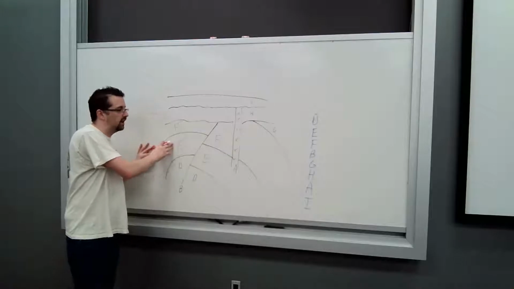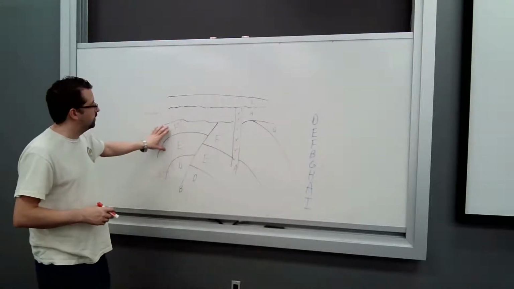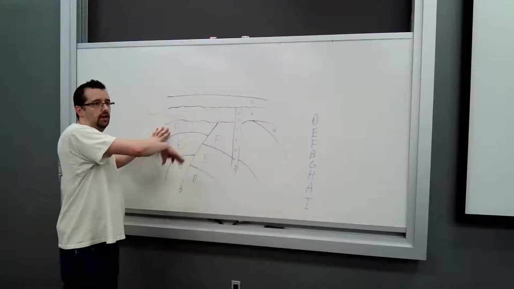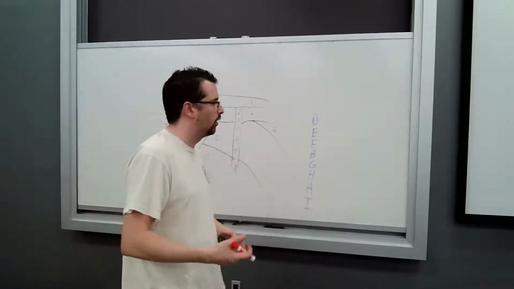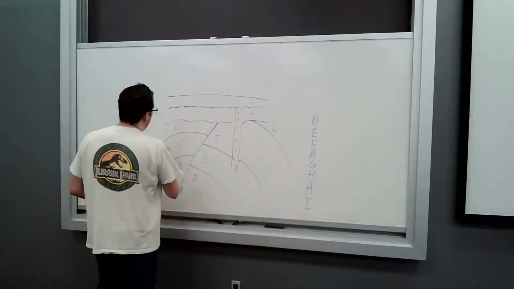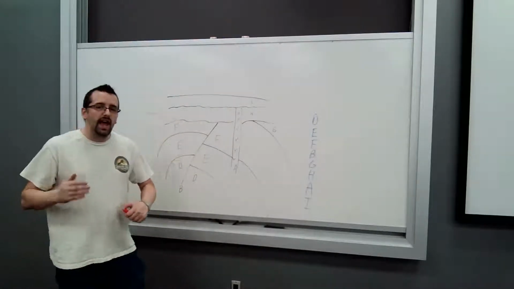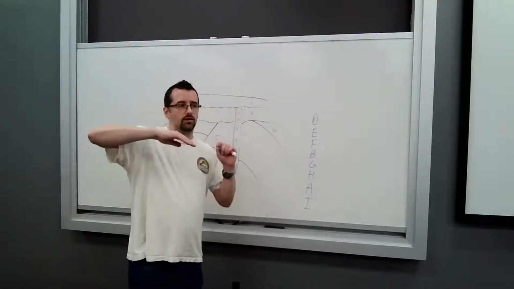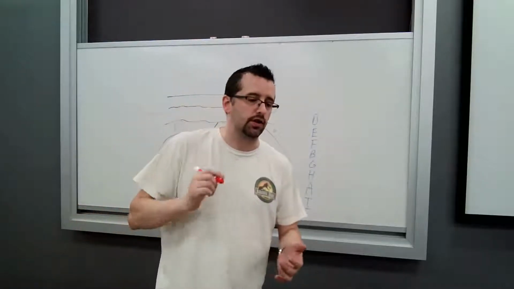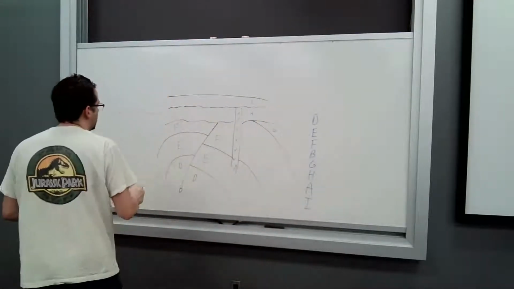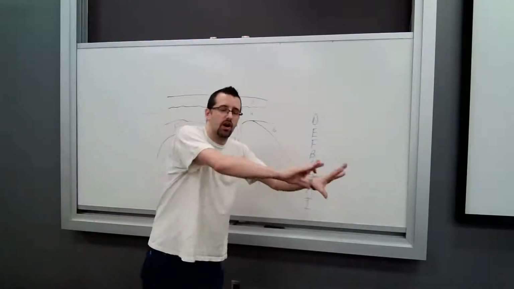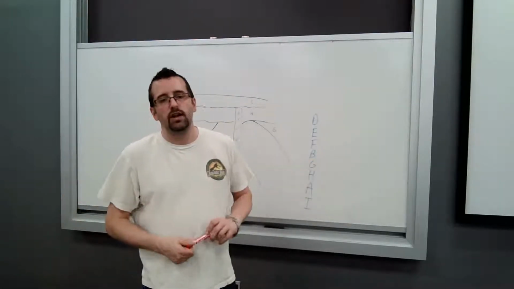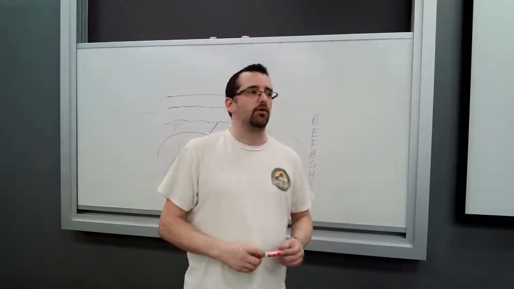Remember that you have to look at the other laws and treat it as its own entity. Assign it a letter if you have to. I think I probably already will. But all you'll have to do is understand by looking at the previous laws: cross-cutting relationships, superposition, lateral continuity. You are going to have to understand that if something intrudes upon already existing material, it is younger than that material.